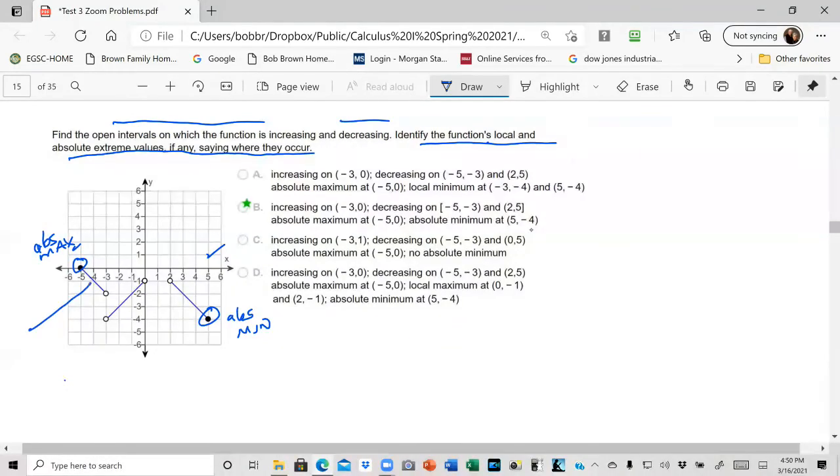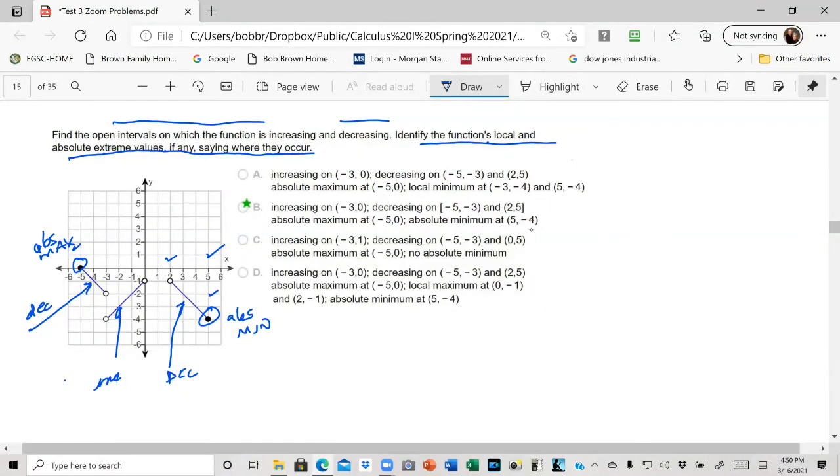We see decreasing between minus 5 and minus 3. We see it increasing from minus 3 to 0. And we see it decreasing from 2 to 5.